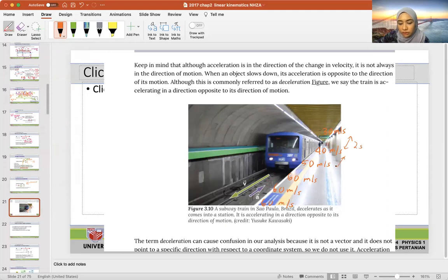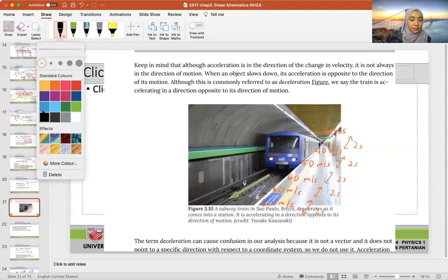From here to here took me 2 seconds, each step took 2 seconds. Because this train doesn't take a break, it doesn't rest. It is energetic, it is always moving.